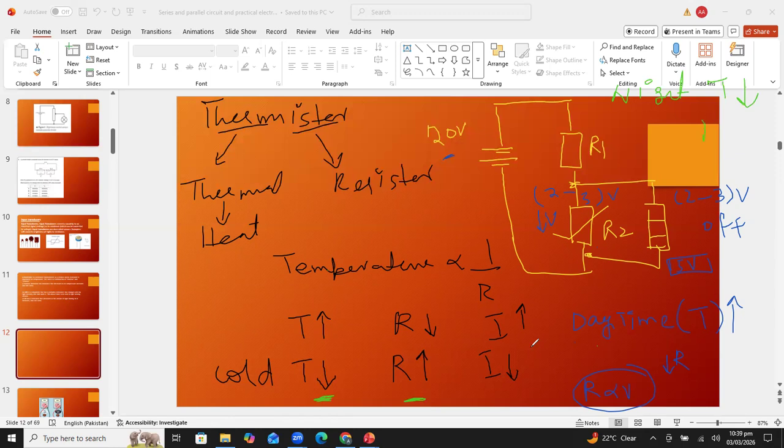So if the resistance is increasing, then according to this relation, resistance and voltage are directly proportional. So when the resistance increases, what will the voltage do? It will increase.